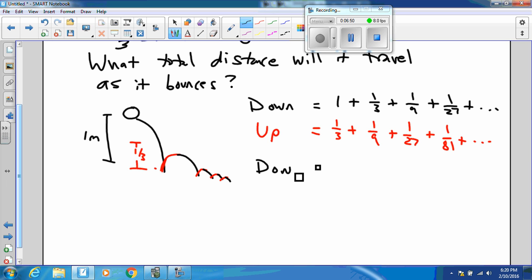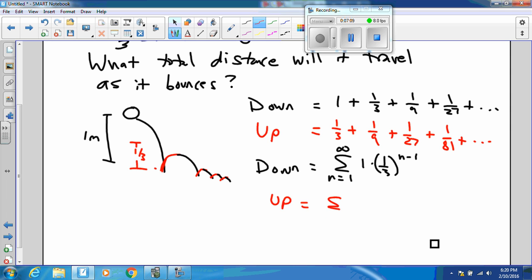So the down is going to be equal to the sum from n equals 1 to infinity of 1 times 1/3 to the n minus 1. And the up is going to be equal to the sum from n equals 1 to infinity of 1/3 times 1/3 to the n minus 1.